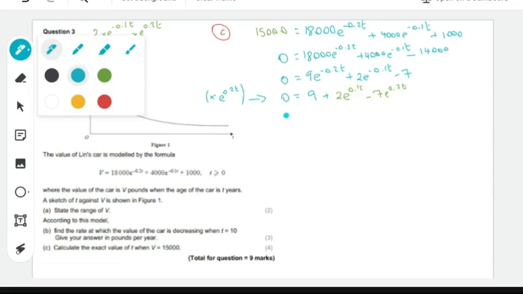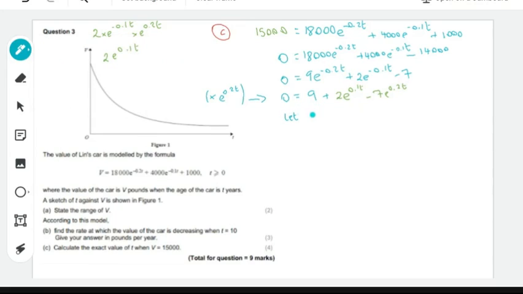Let's do this. Okay, what letter have we not used? Y. Let y equal e to the power of 0.1t. That means that y squared, which is equal to y times y, equals e to the power of 0.1t times e to the power of 0.1t, which equals e to the power of 0.2t.